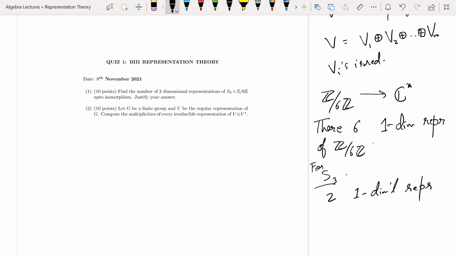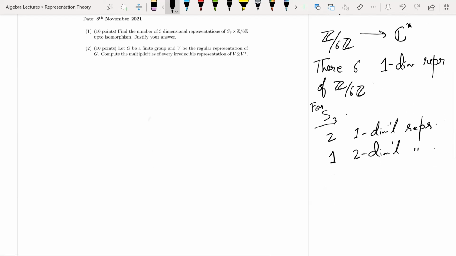Then we saw that there has to be one more irreducible representation, and it has to be of dimension 2. So one two-dimensional representation. We computed it, we figured out what the irreducible representations of S3 are.